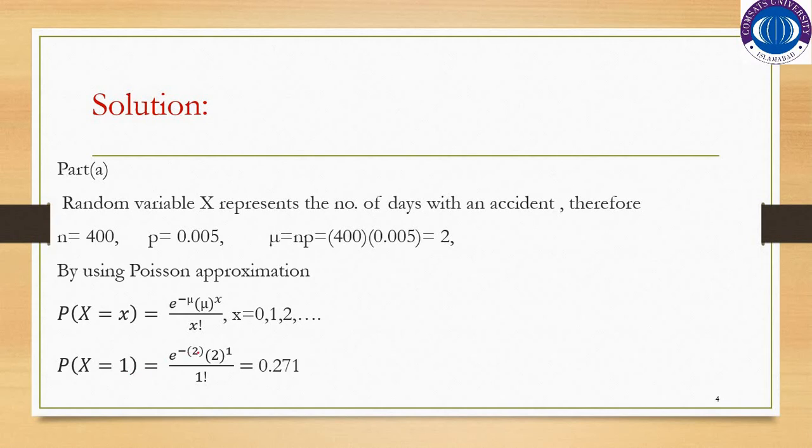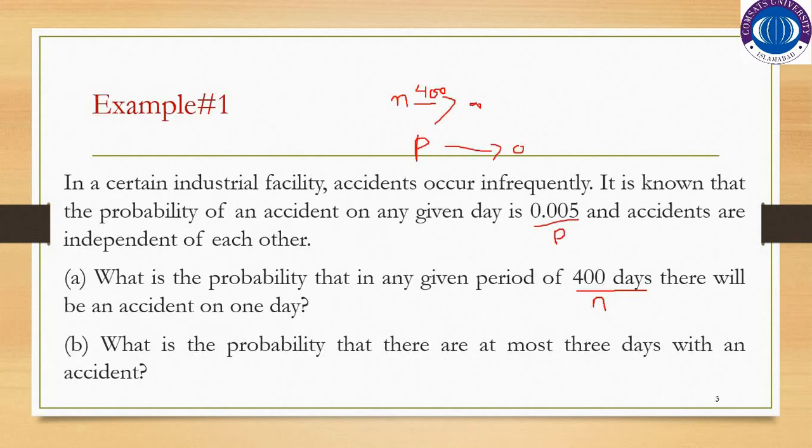As you know, mu is equal to 2 and x is 1, so by substituting these values in the probability distribution, we will get the probability 0.271, which is the probability that there will be an accident on one day.